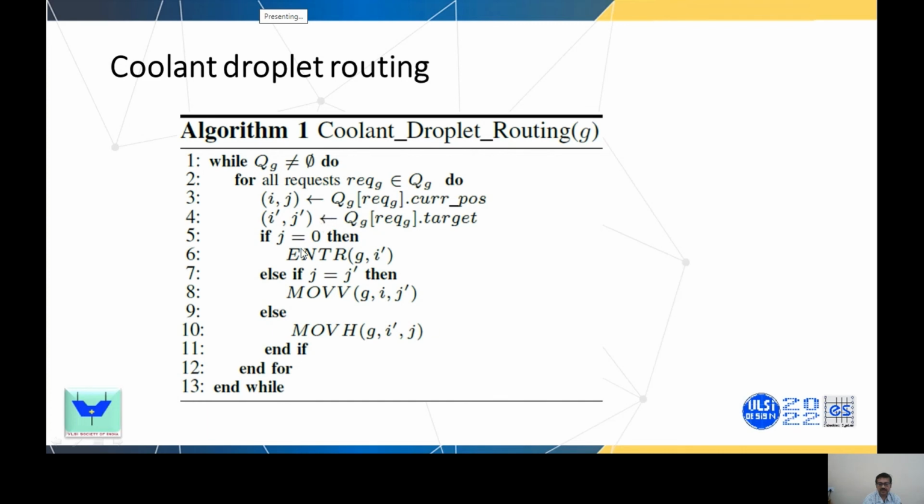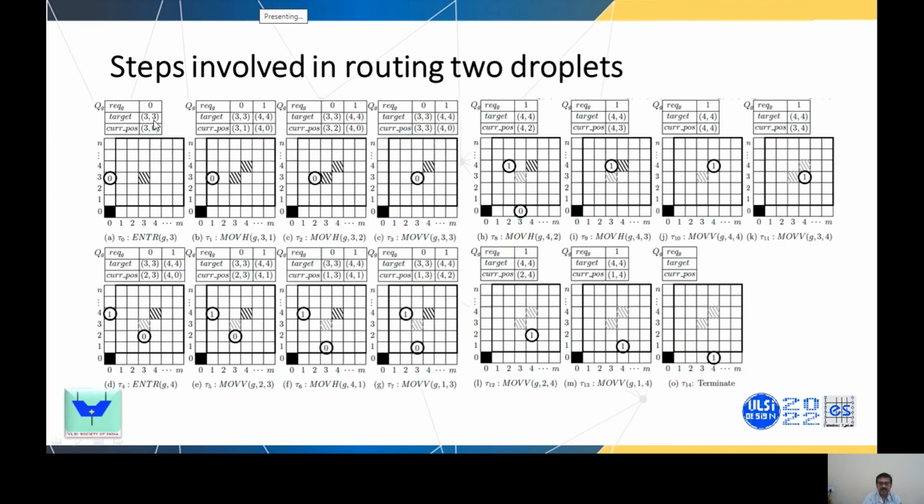For each horizontal and vertical movement of the droplet, the queue entry for that particular droplet is updated. Here you can see that 2 droplets come in for 2 different hotspots, and one after another they go to the hotspot and cool that region, and these droplets exit to the sink, and the data structures are updated.